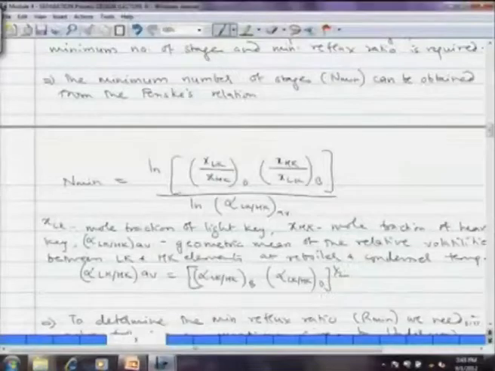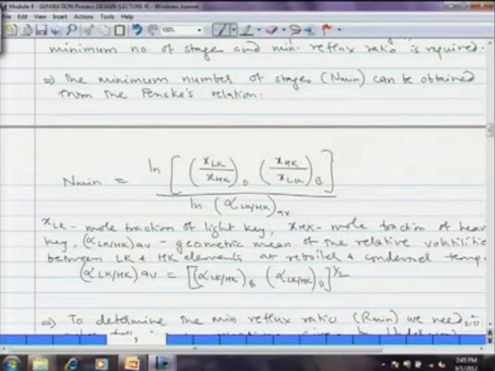This is for multi-component mixtures. Suppose we have a mixture of 5, 6 or 10 components, then we mark one component as the light key component, which is among the lower boiling range, and one component as the heavy key component, which is in the higher boiling range. And this expression that appears on the screen is the exact analog for multi-component mixtures of the binary expression that you have learnt in mass transfer operations.